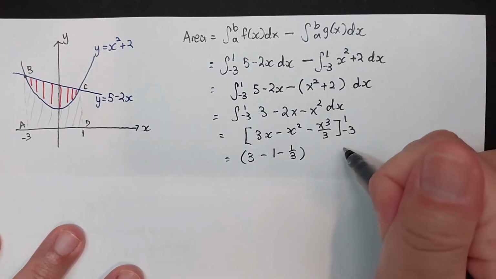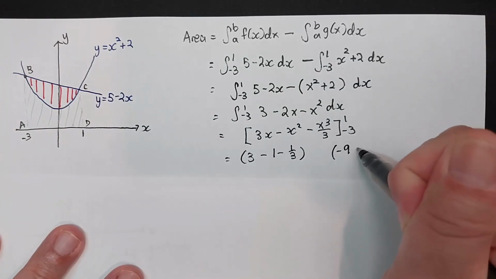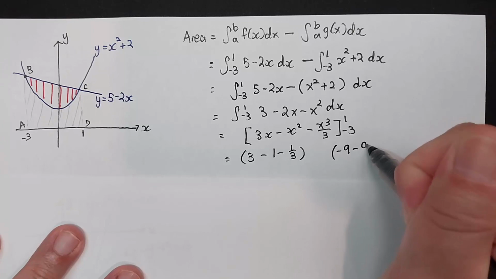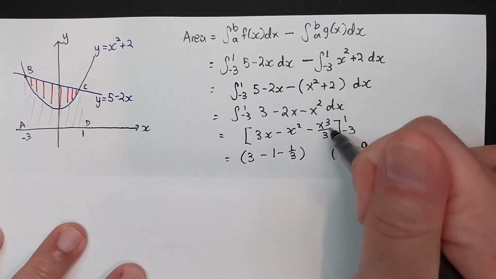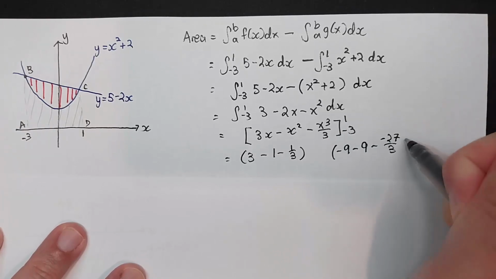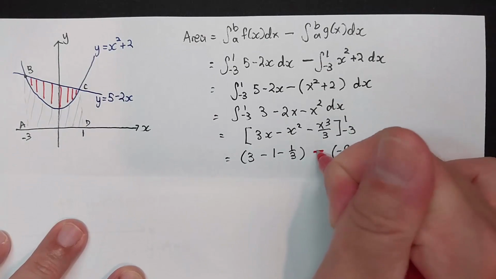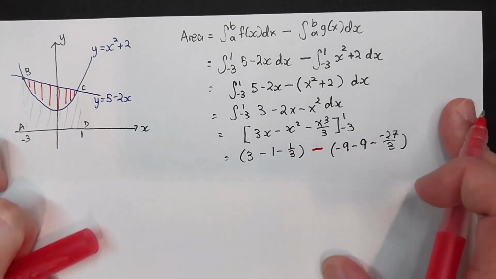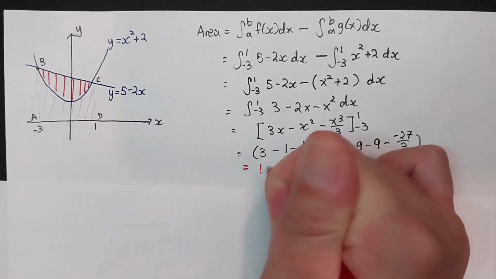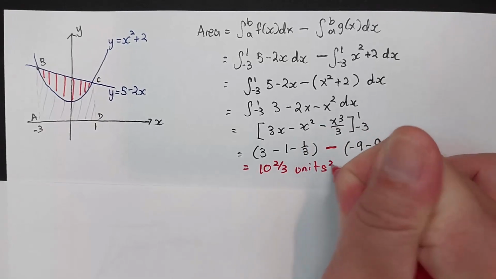If we substitute in negative 3, we will have negative 9 minus 9 minus negative 27 over 3. We will subtract these two values, and that will give us the area 10 and 2/3 square units.